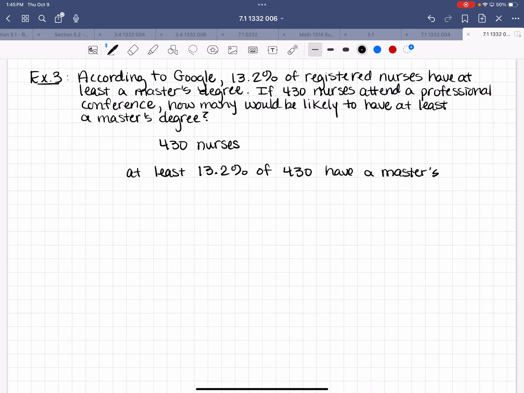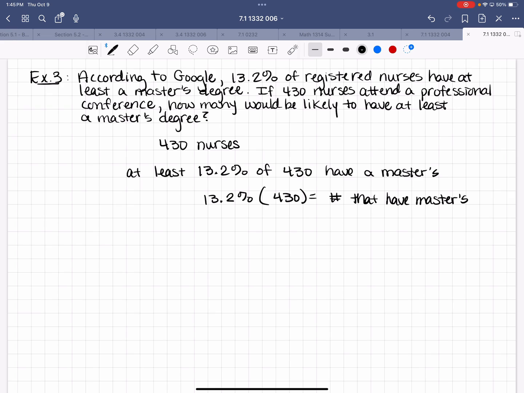We'd go, okay, start picking out the word like is equals, of is multiply, sum or total is adding, okay? Of means multiply, per means divide. You learn to pick those things out. Now, they don't teach that real often anymore, especially in Texas since we went to STAR. But what this is saying is 13.2% times 430 will give me the number that have masters.